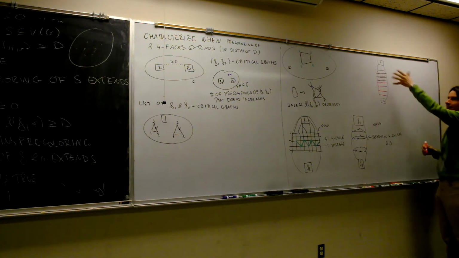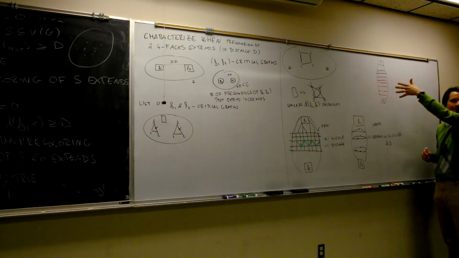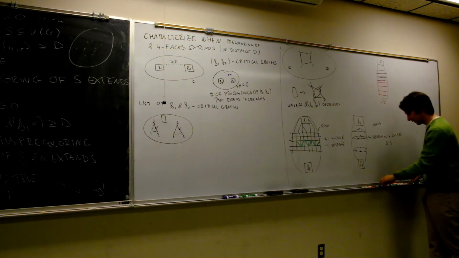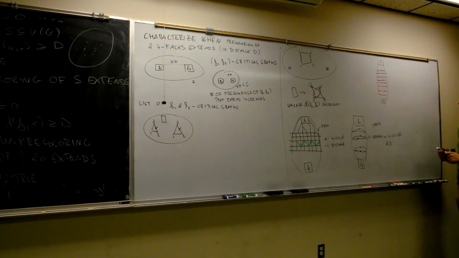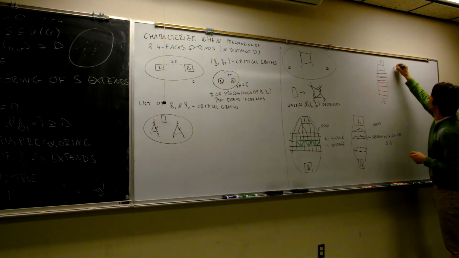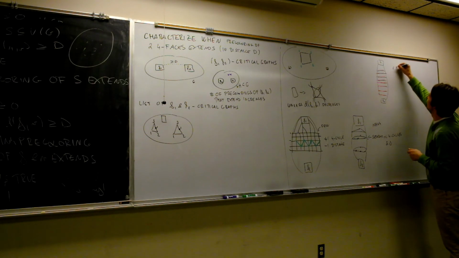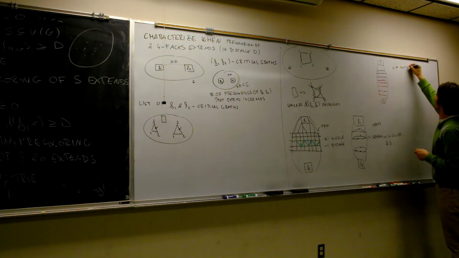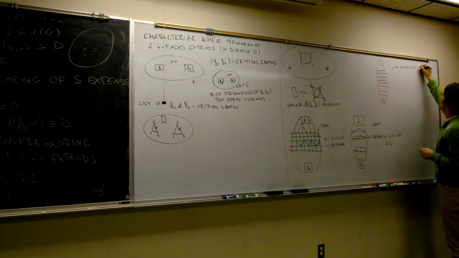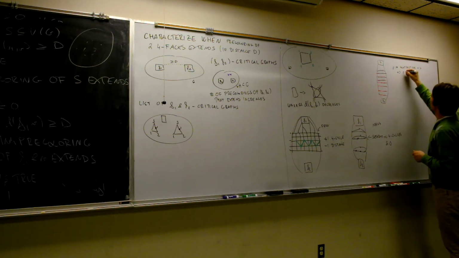We want to preserve that there are these separations. Okay? And you contract everything you can. And if you cannot contract anymore, then you have some basic graphs. No contractions implies basic graphs.